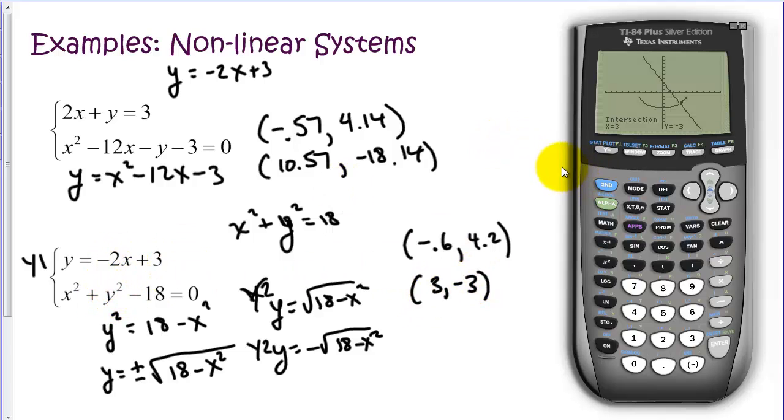Now, I did it in the way that I think is simplest, which is to enter each of these separately and find the intersections. We could have entered into y3 the top part of this function. So let me enter here, second square root 18 minus x squared, so that we see the entire circle.